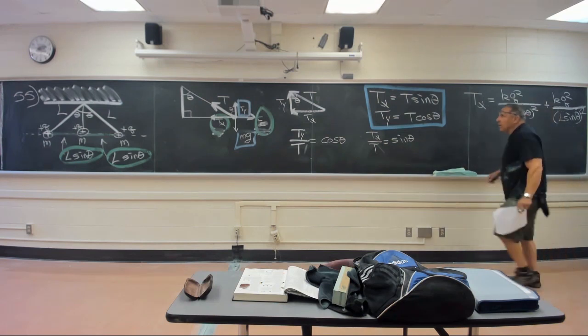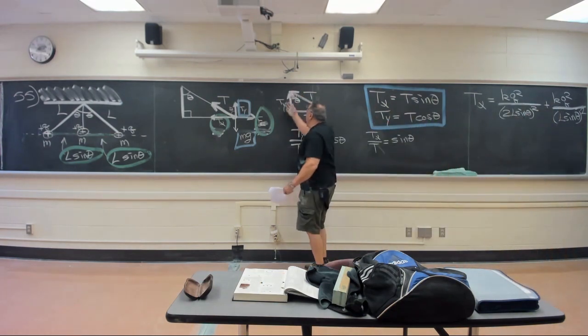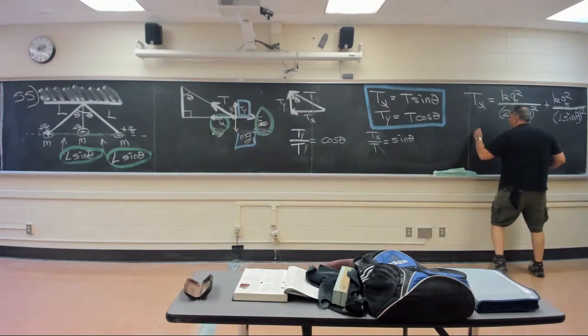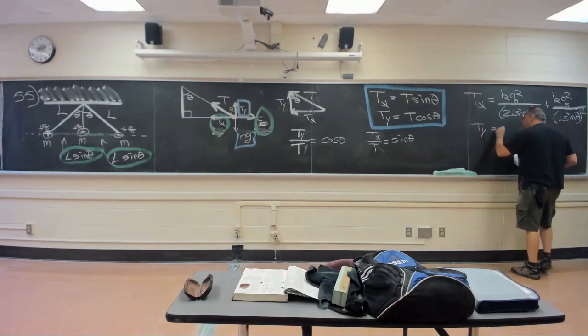Ty and mg are equal at opposite forces. Ty pulls up as much as mg pulls down.